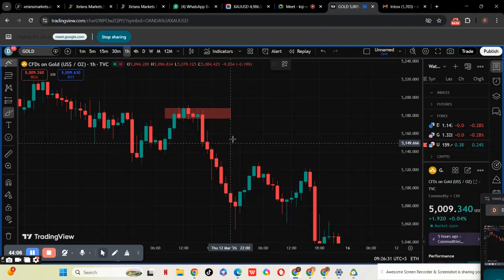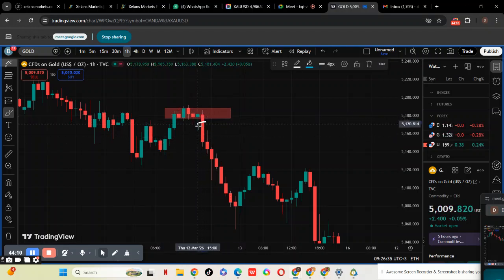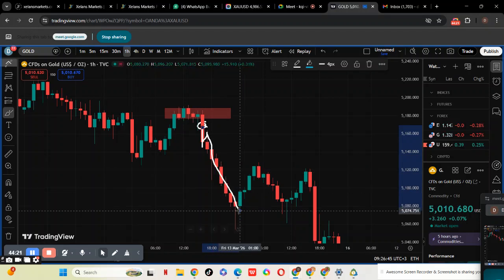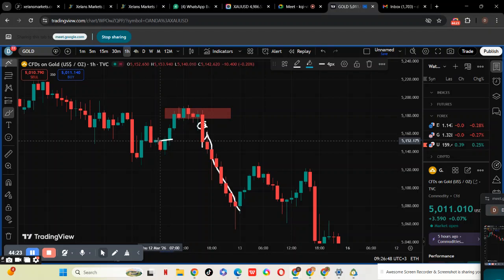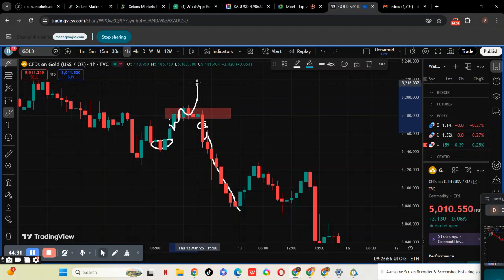I almost woke up at 4. So this is the consolidation, and which candle broke above, broke below? This one broke that consolidation. And you can see the next candle after breaking, there was a retest, then it went down. Look at this consolidation here. What happened? It broke above. The next candle came down to retest a little bit, then it went up.